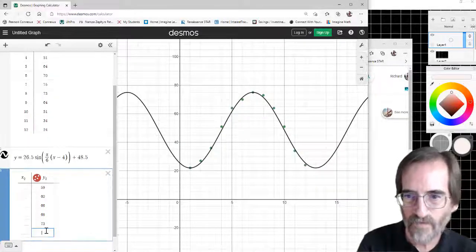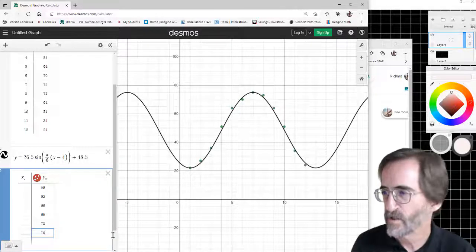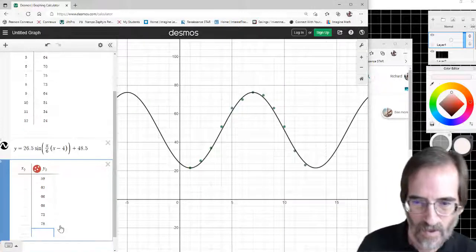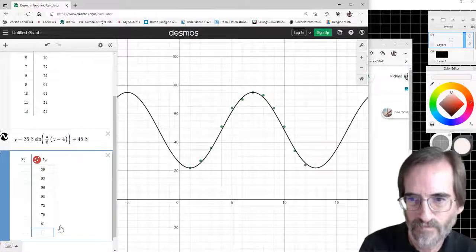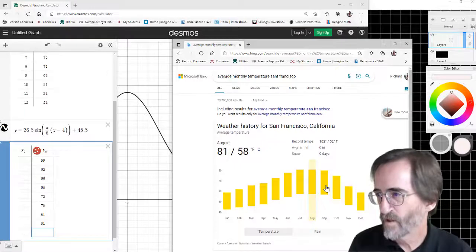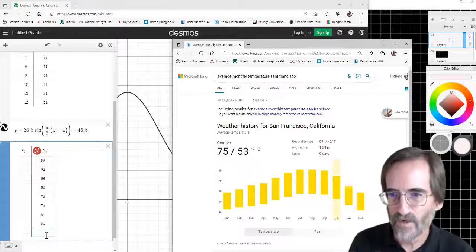Now, one thing that modifies the temperature in San Francisco is it's right on the ocean, and so it doesn't tend to get very hot. 81, 81. Okay, and 80 and 75.